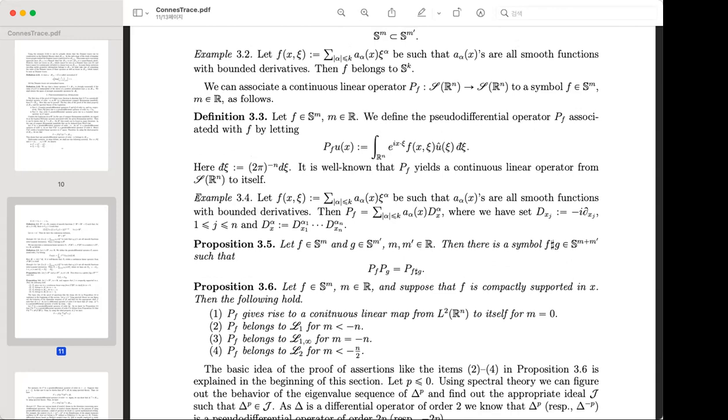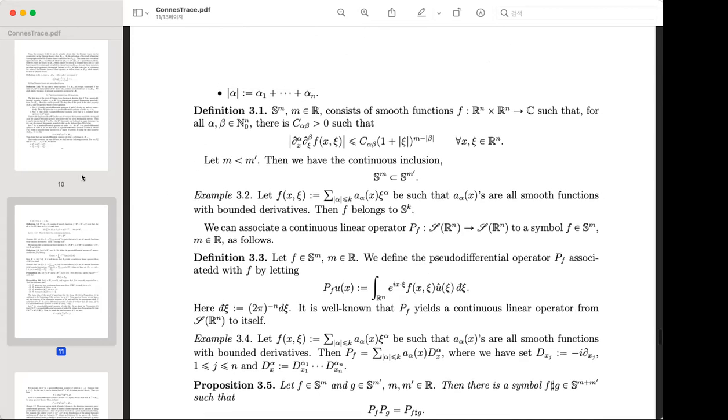The most important reason why one studies pseudo differential calculus is that it enables us to interpret the analytic properties of the operator in terms of the properties of the function. So usually we write down the required properties of the function and take them into account as the definition of the symbol space.